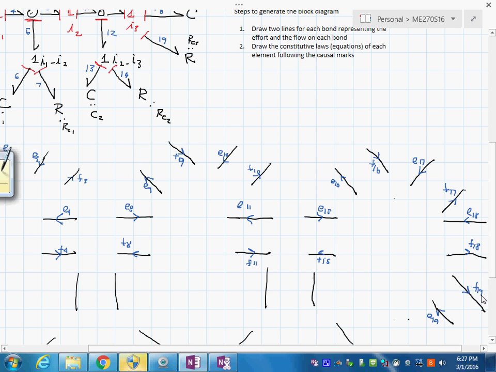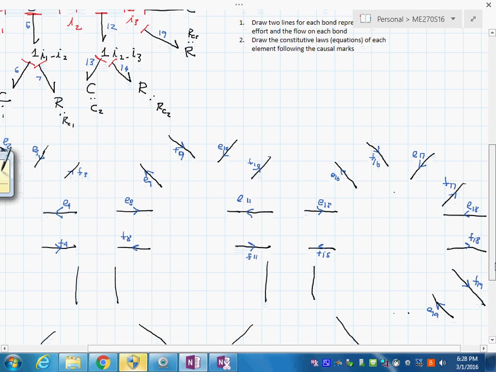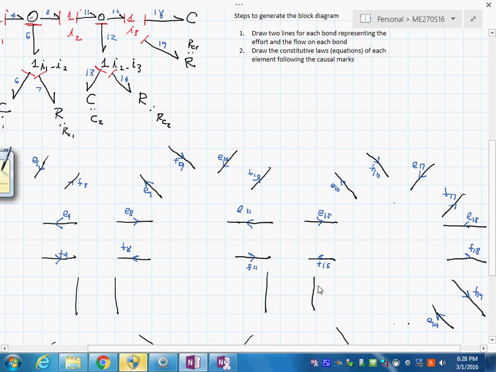Finally E sub 6 in here, that goes this way, and F sub 6 goes this way. And then you have E sub 7, which goes like this, and F sub 7 goes this way.